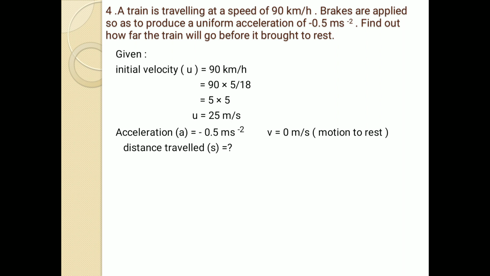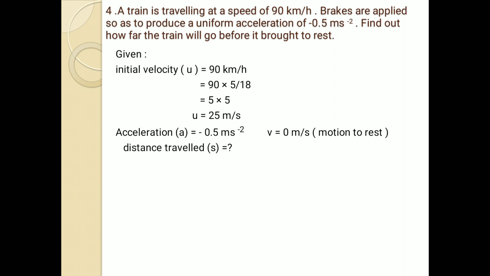You see first whether they have given everything or not. Here, time they didn't give at all. If time they have given, we can use the second equation of motion. What is the second equation of motion? S is equal to ut plus half at square. But here they didn't give time, so we can't go for the second equation of motion at all.